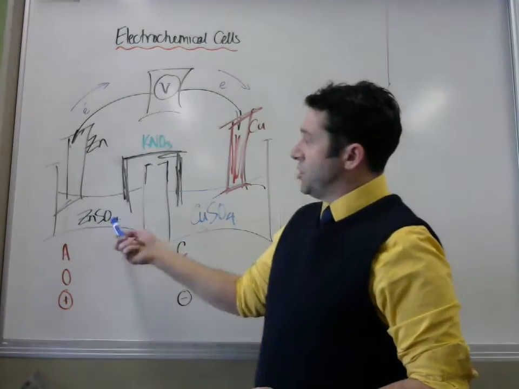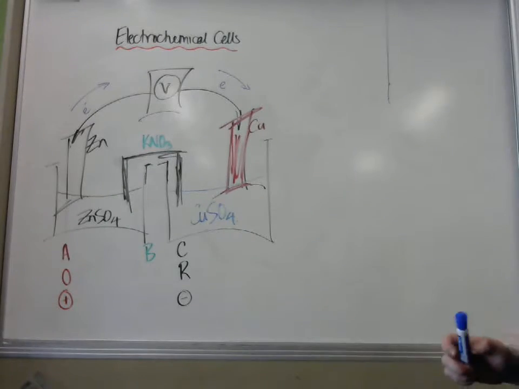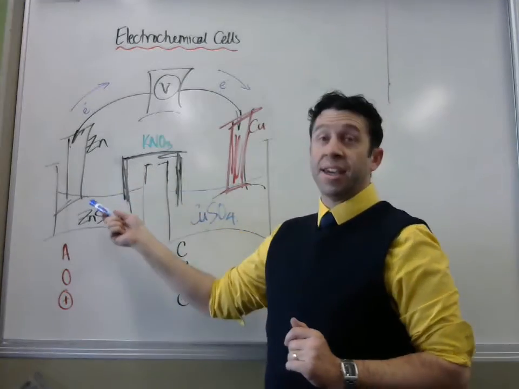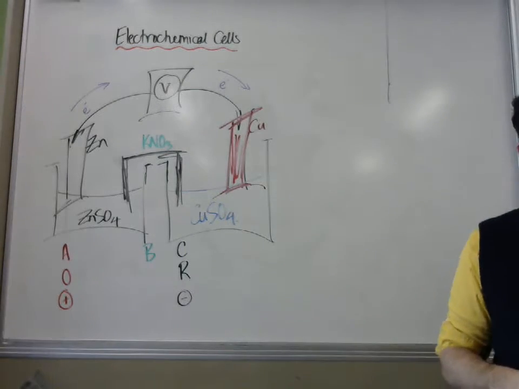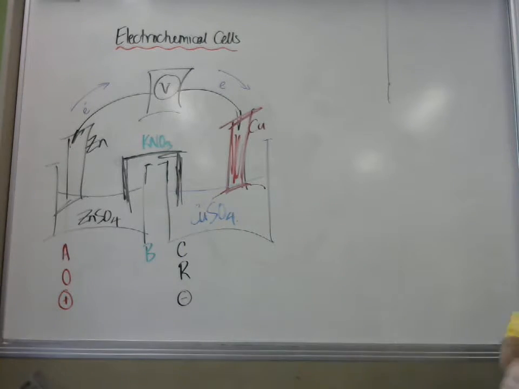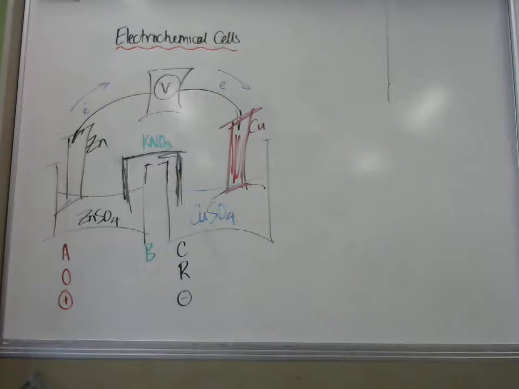I said to you to make sure the thing with the lowest standard electrode potential was on the left, and that's the zinc electrode potential, so Zn2+ to Zn. And the value for that one in our book, I'm hoping like heck I've got it here, is negative 0.76.